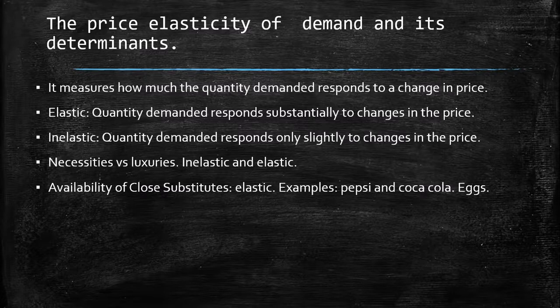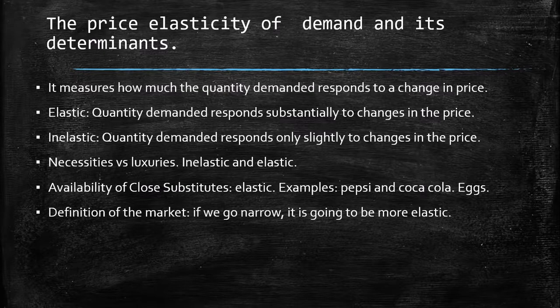Maybe the price of Pepsi goes up, you just consume Coca-Cola. This is an elastic good. But on the other side, for example X, there is no close substitute. Imagine that there is nothing else similar to X. In this case, it would be more inelastic.